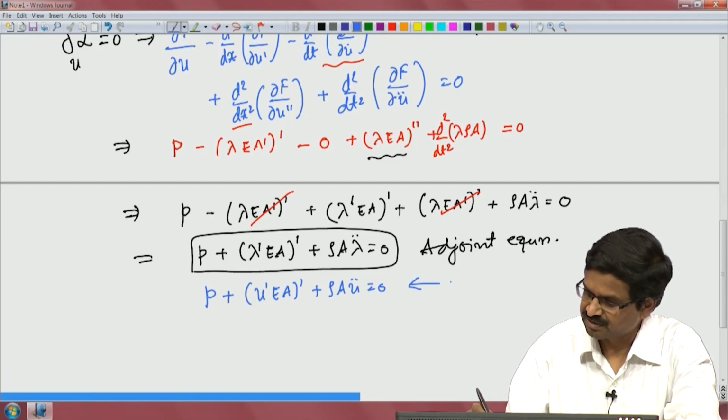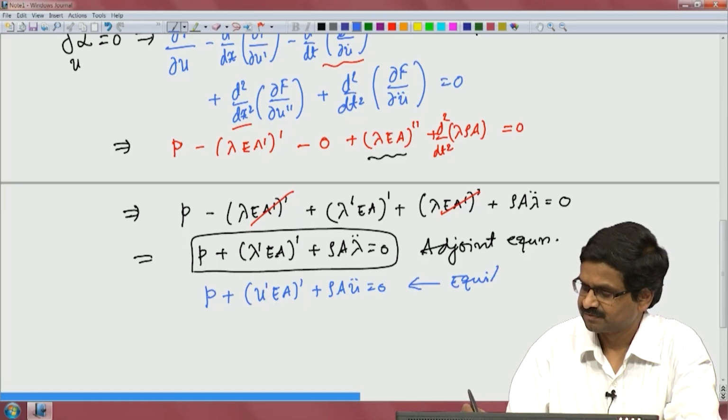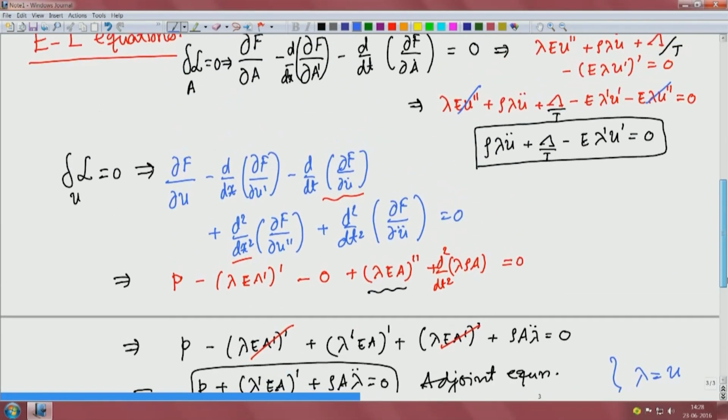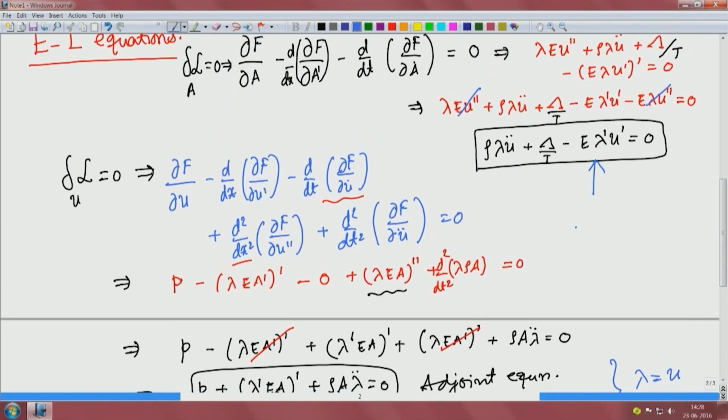So, this was our equilibrium equation. So, we can conclude from these two that lambda x t is equal to u x t. We substitute this back in the design equation, we get rho u u double dot plus lambda by t minus e u prime square equal to 0. That is what we get.